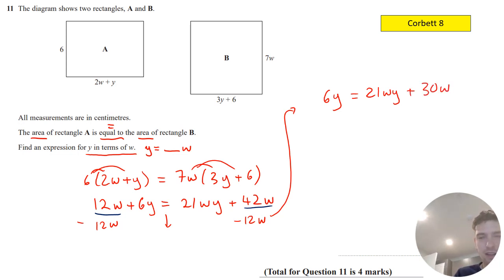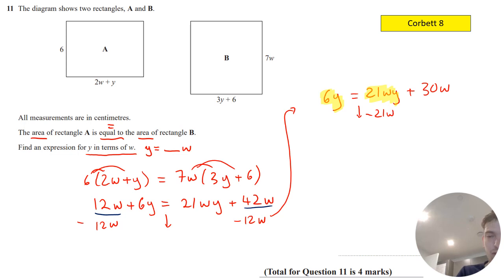Now, let's have a look at this here. I know that I need to make y equal to something w. Where are the terms with y in it? Well, I've got a 6y here and a 21wy here. So what I need to do here, remember, is put all the terms with a y onto one side and then factorize.